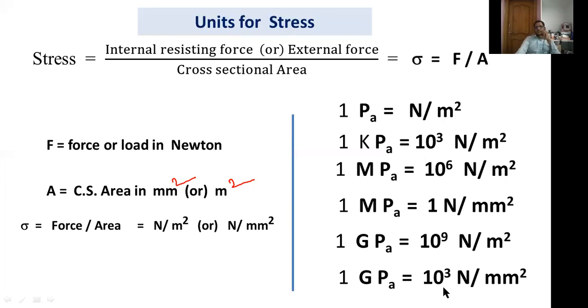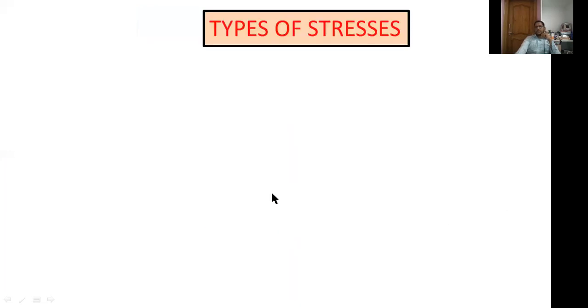So in mm, the value is 10 power 3 Newton per mm square. So these all are units for stress. Now I am going to explain the types of stresses.